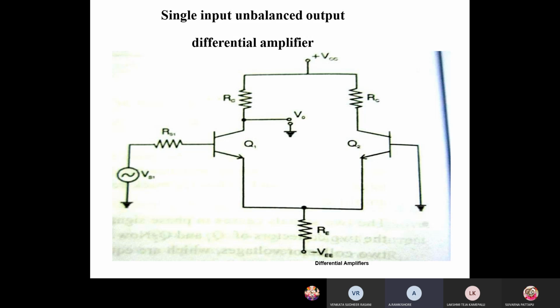The operating point is how much voltage is the cut-in and cut-off voltage, and the threshold voltages required to turn on these transistors. That will determine the operating point and the equivalent circuit of the differential amplifier. That can be obtained by adding and removing the AC sources. That means the DC and AC components are added and removed in the differential amplifier.